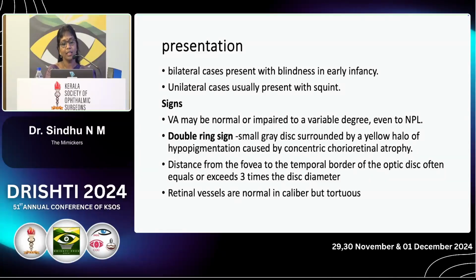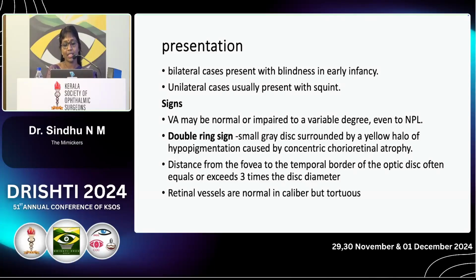The signs: visual acuity may be normal or impaired to a variable degree, even to no perception of light. Fundoscopy shows a double ring sign: a small gray disc surrounded by a yellow halo of hypopigmentation caused by concentric chorioretinal atrophy. The distance from the fovea to the temporal border of the optic disc often equals or exceeds 3 times the disc diameter.